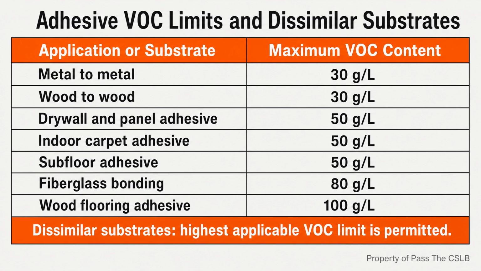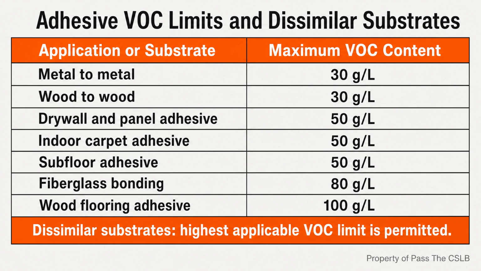One easily confused exception concerns dissimilar substrates. If one adhesive bonds two different substrates, the highest applicable volatile organic compound limit for those substrates is permitted. Consider a hypothetical bond between wood and fiberglass. The supported wood to wood limit is 30 grams per liter, and the fiberglass limit is 80.